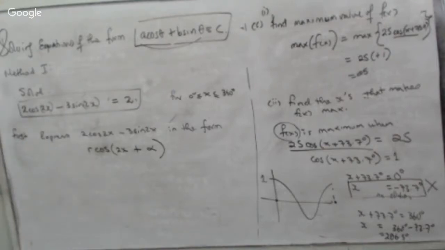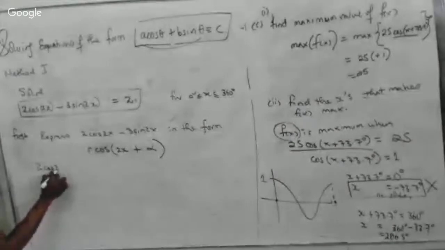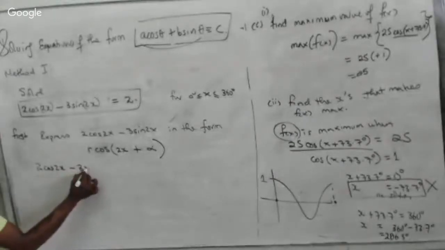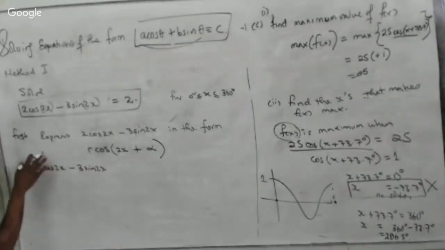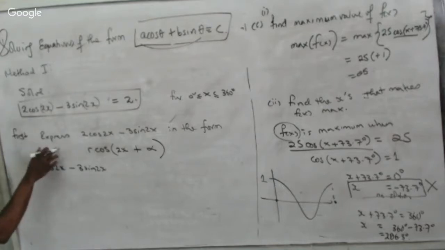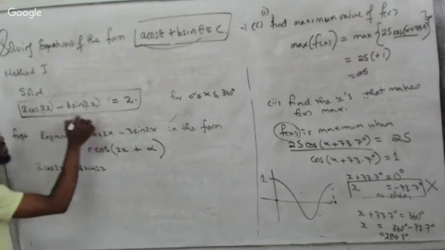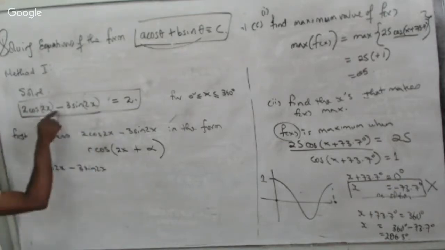So that's how you would have built your own question within the solution. So I need to just get down to this business. So this is 2 cosine 2x minus 3 sine 2x. Before I even continue, everybody understand why I would need to build it like this? Because there's no other way that I know of so far to solve this.